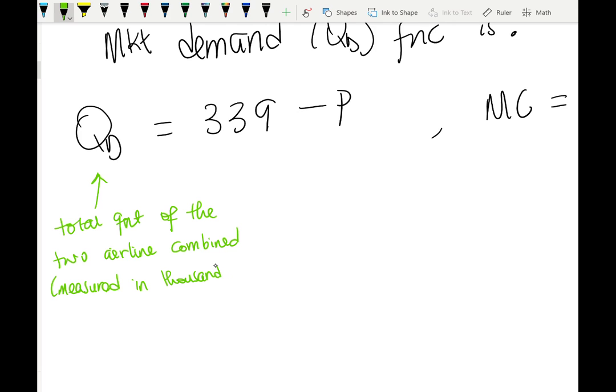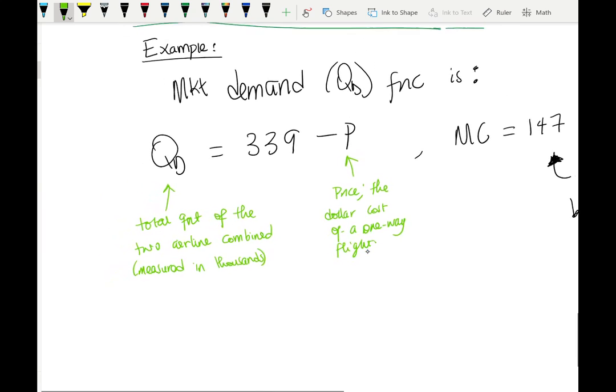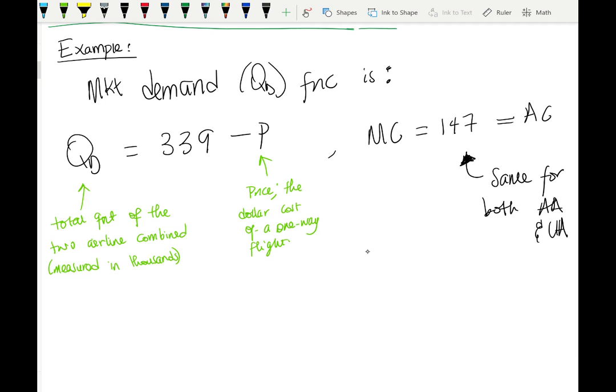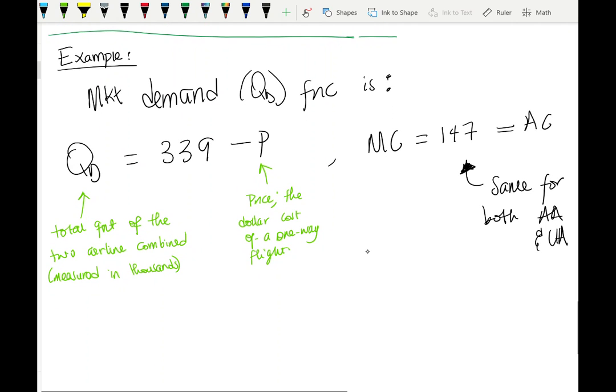And P is price. It's the dollar cost of a one-way flight.